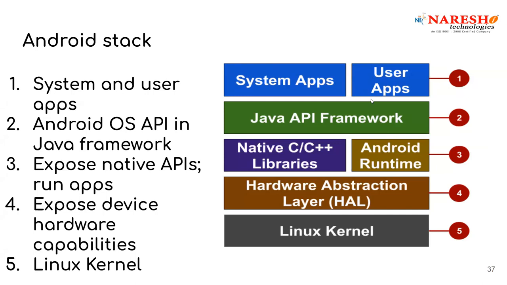And next we have user apps. User apps are those apps that are installed via Play Store or any other hosting platform. It is not that you'll always get applications from Google Play Store. Anyway, if you get applications from Google Play Store, they are good applications.